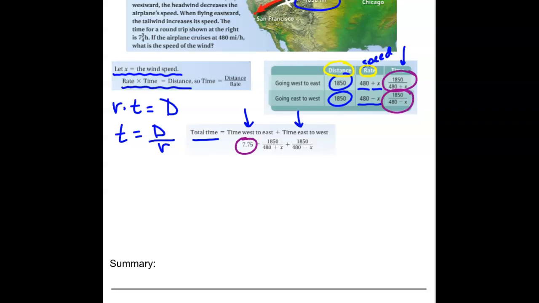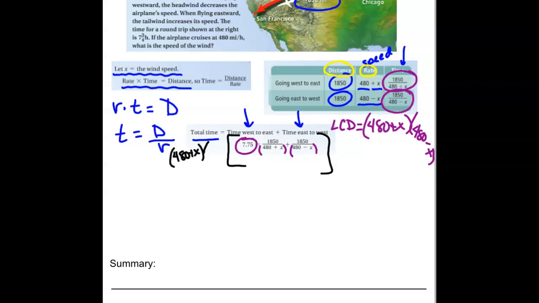Looking at our denominators, we have a 480 plus x, we have a 480 minus x. So our LCD is going to need to have both of those. All right, so we are going to multiply this whole equation by both of those. On the left side here, when we multiply it to the 7.75, there's nothing that's going to drop out.